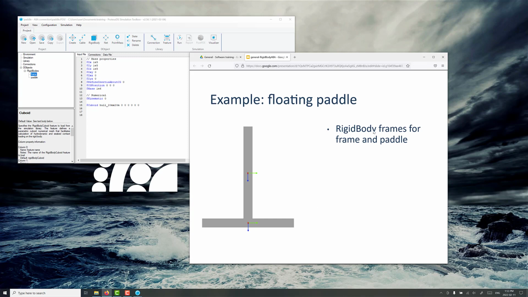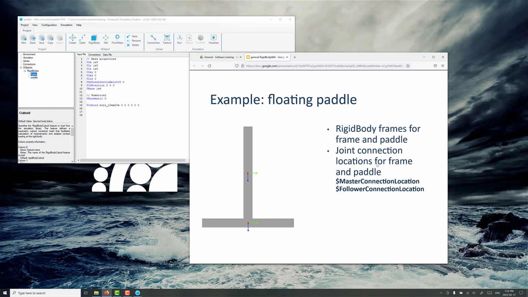Now, when we're looking at the rigid body frames, they're set up just to be in the center of the volume of these structures for simplicity. Positive Z is pointing down for both of them. And there's an ABA connection set about here, so it's a hinging paddle on this floating frame.